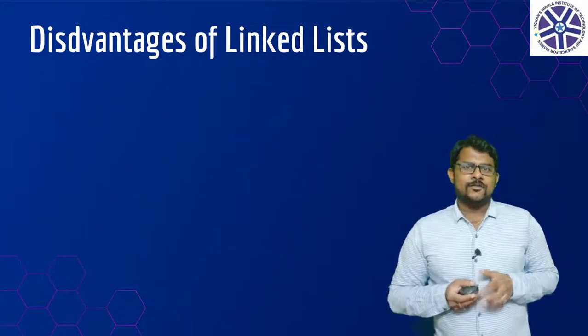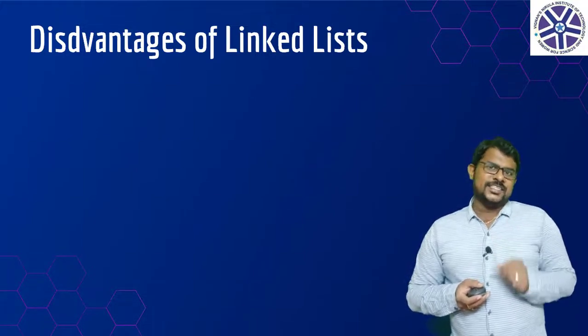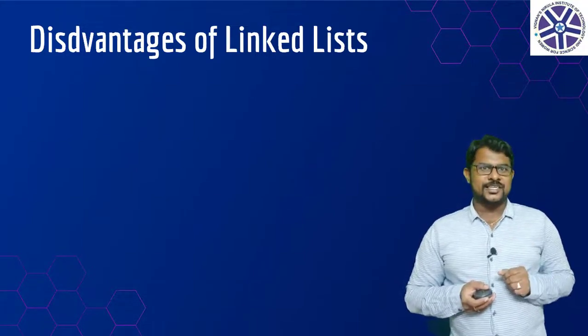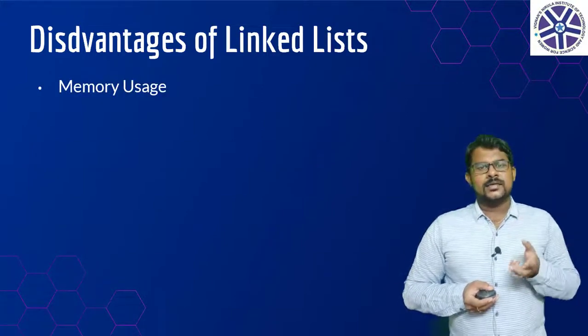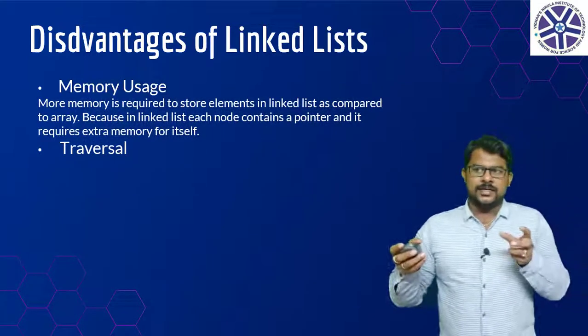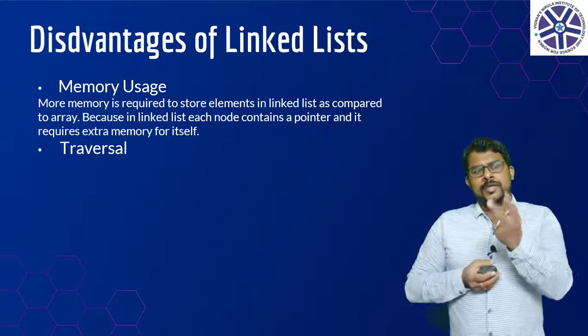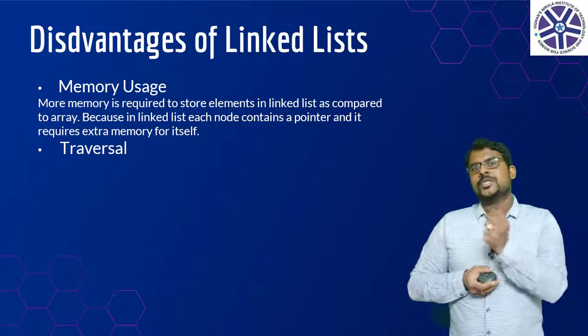As linked lists have many advantages, they also come with their own disadvantages. Let us see the disadvantages that we have with the linked list. The first disadvantage is memory wastage. We can compare with the array. If we want to insert an element in an array, it takes only 1 unit of space.